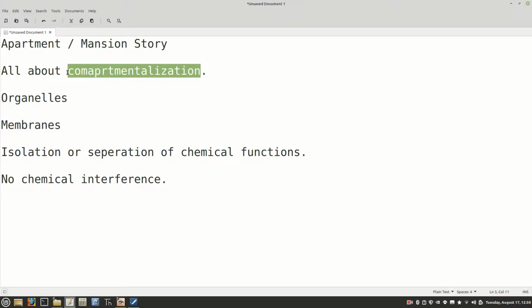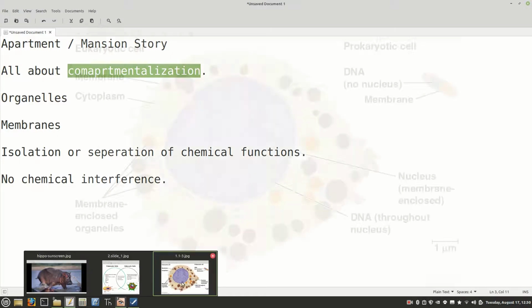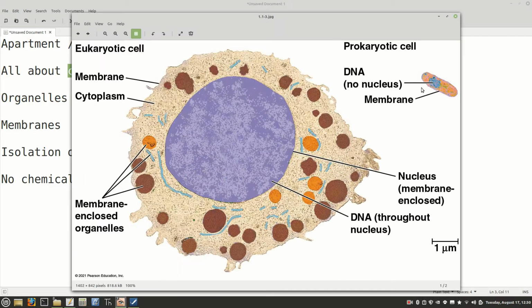It's about the fact that there are essentially little compartments within that big cell where you can separate chemical function. And the little cell doesn't have this. So the bacteria over here doesn't have compartments. This large cell does have these compartments, and you can basically do some fancy chemistry in there.